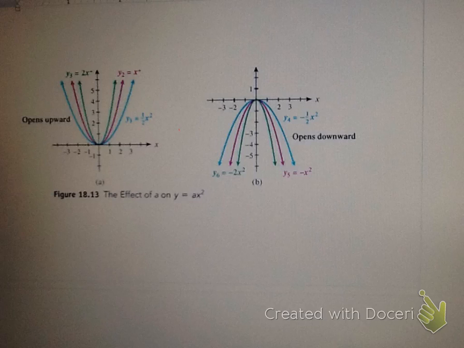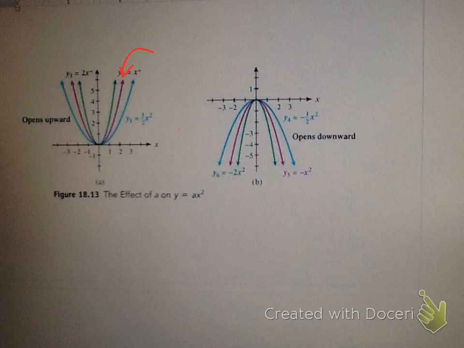The other thing that this section covers is what happens to graphs of functions when the leading coefficient is greater than 1 and less than 1. This example comes right out of the textbook. You can look it up if you want. So this one right here is what y equals x squared looks like.